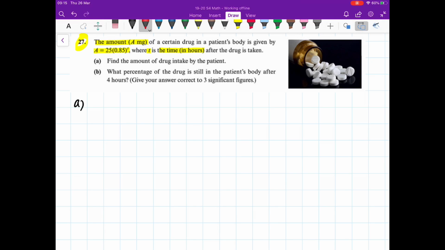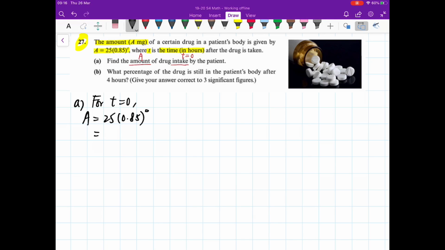For part A, it asks you to find the amount of drug taken by the patient. The word intake means that t equals 0. Then for t equals 0, A equals 25 times 0.85 to the power 0.